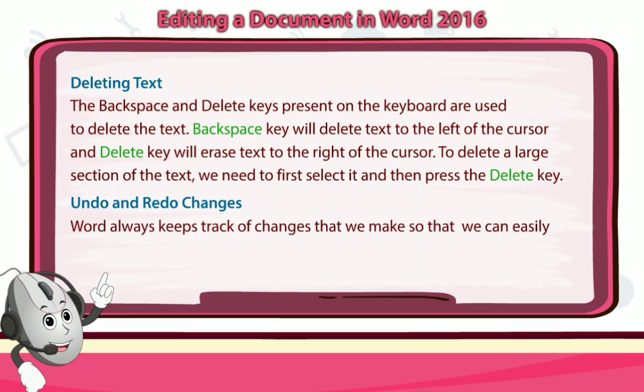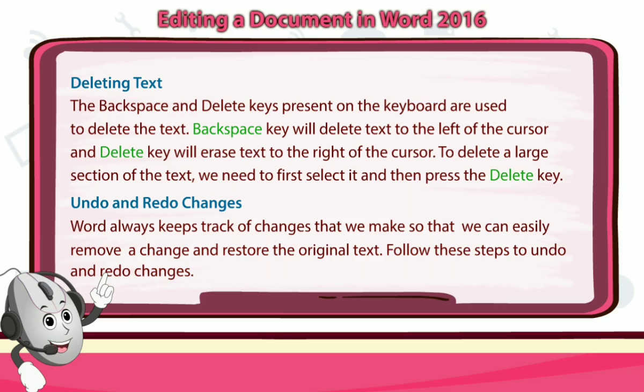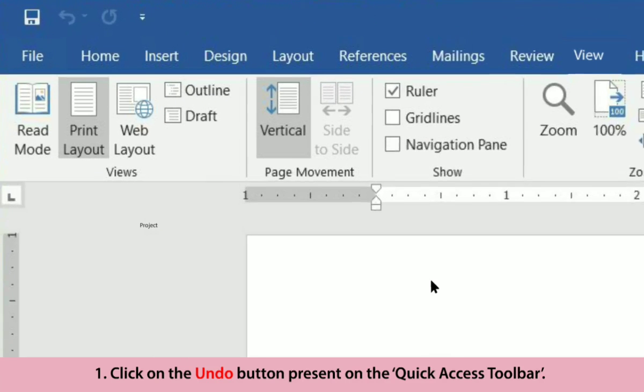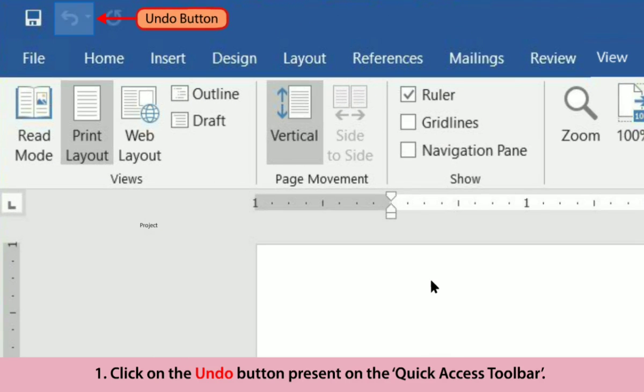Now let's learn undo and redo changes. Word always keeps track of the changes that we make so that we can easily remove changes and restore the original text. Follow these steps to use the undo command.